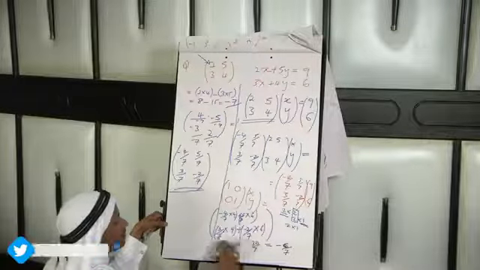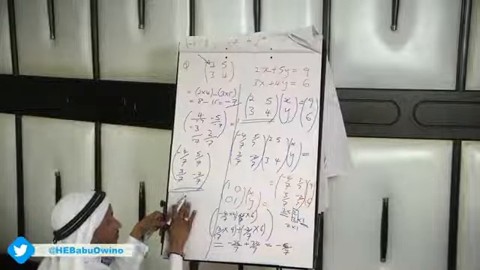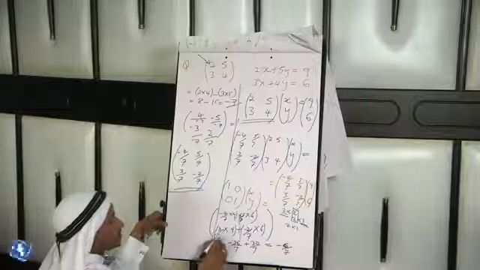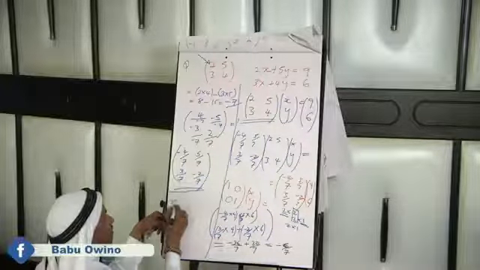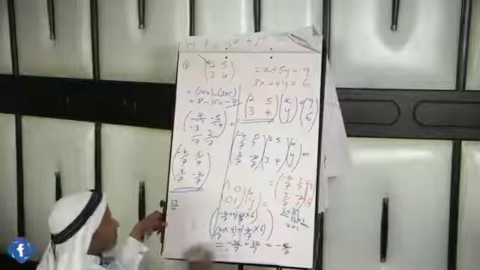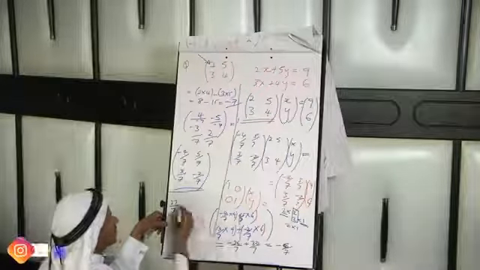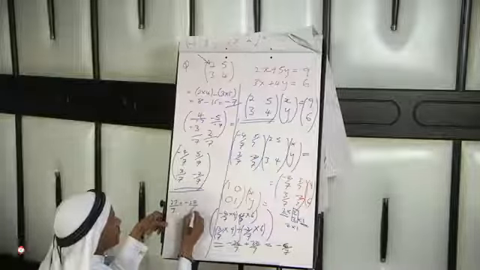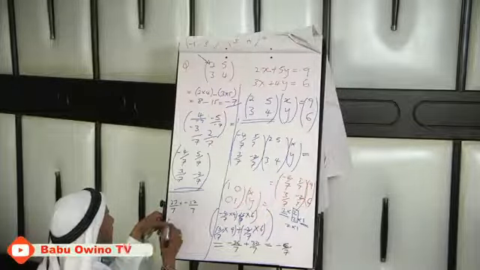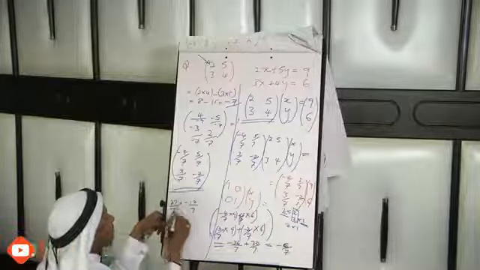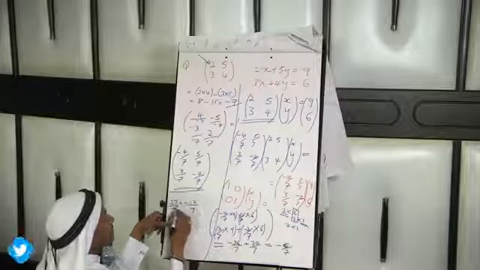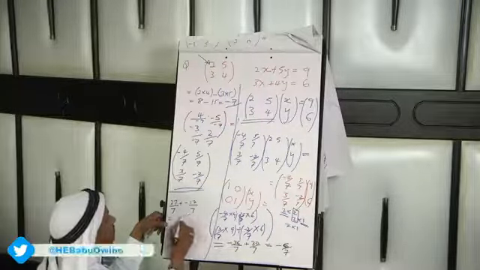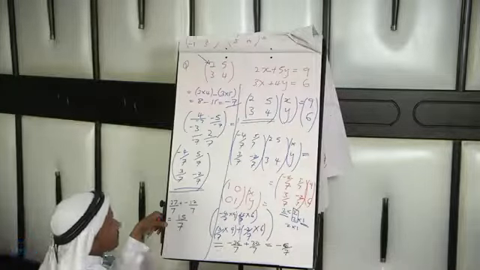Then you solve the other one here. Just come here so that we don't open the other page. 3 over 7 times 9 is 27 over 7, plus minus 2 over 7 times 6 is minus 12 over 7. This one you get 27 over 7 minus 12 over 7, you get 15 over 7.